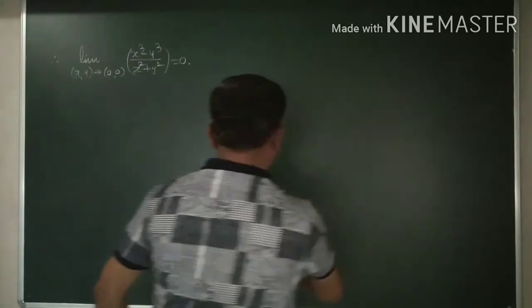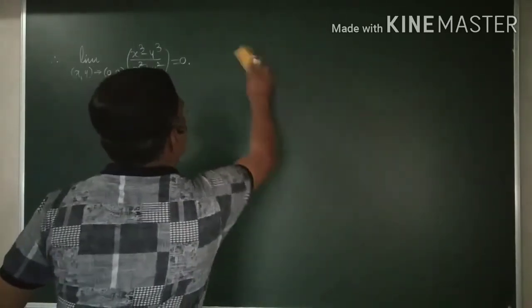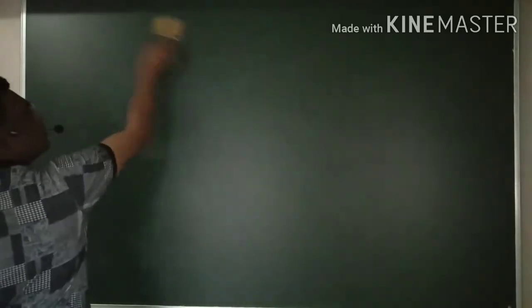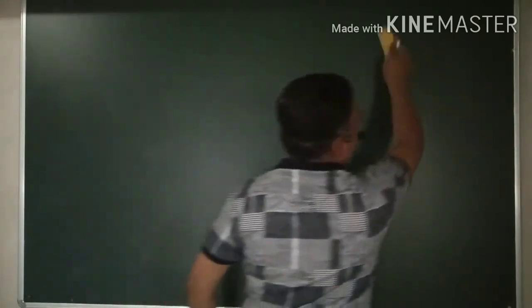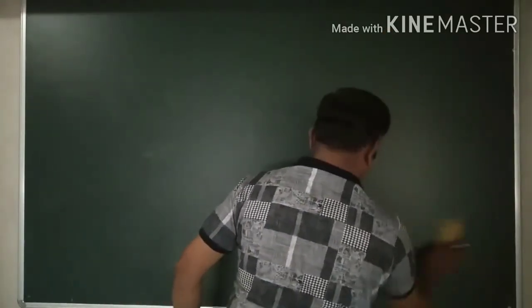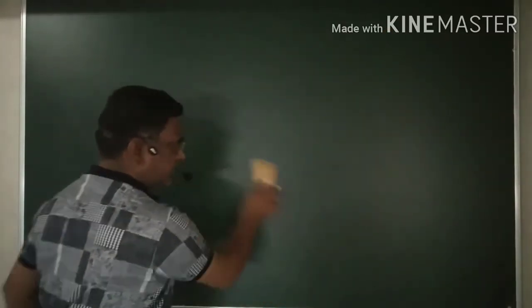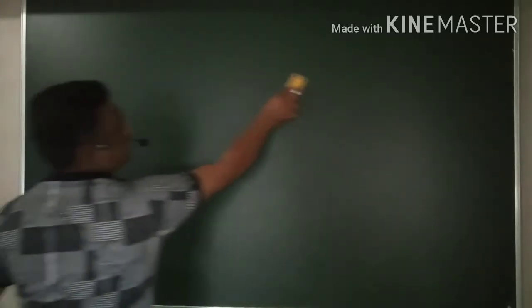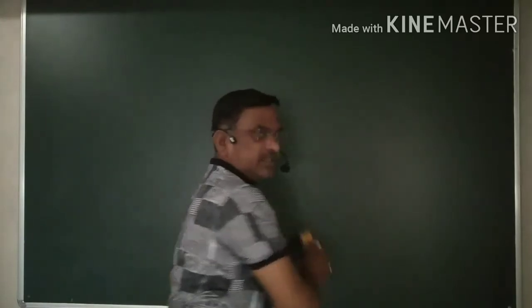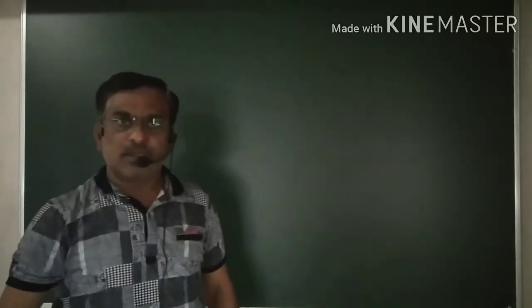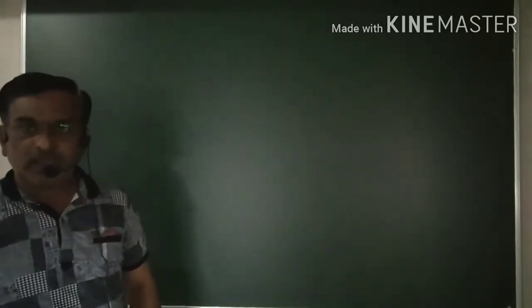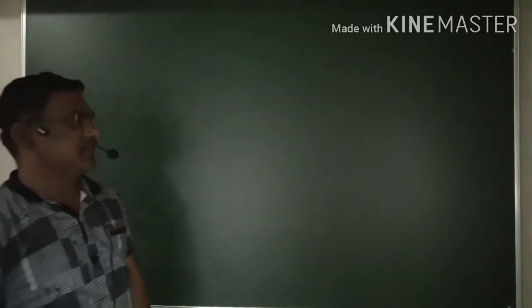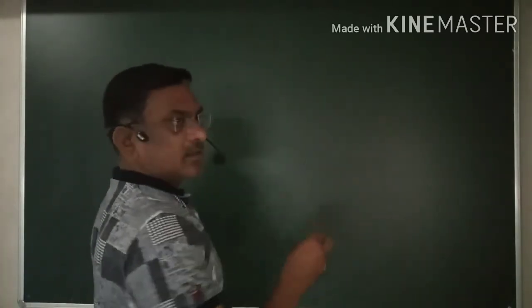Now the next point is that there is another way to decide the limit of a function, which we have had in first year BSc: that the limit depends on the path.